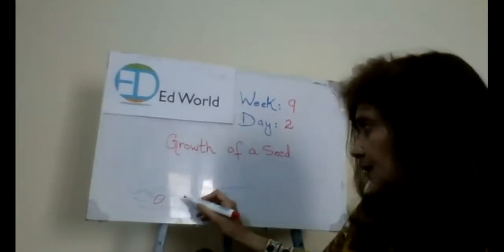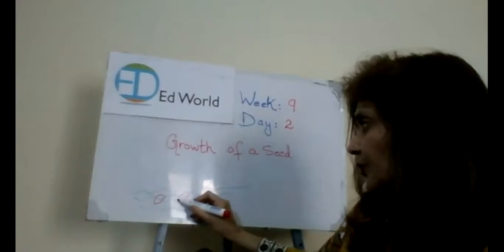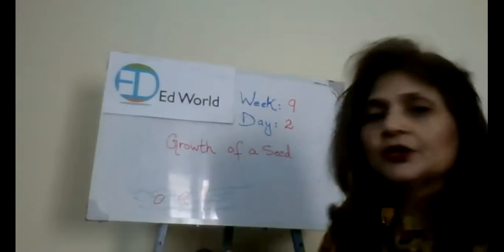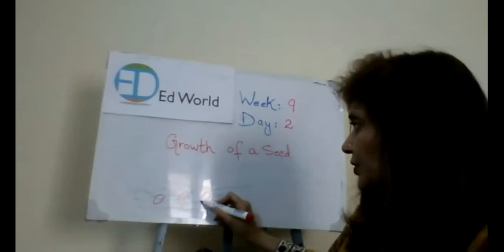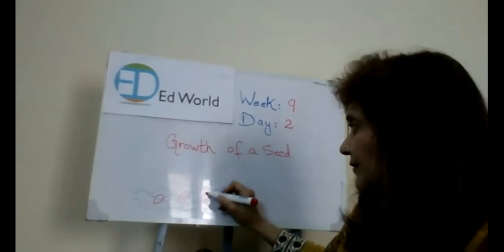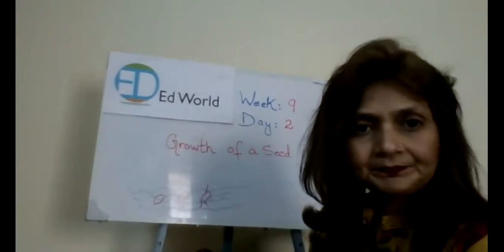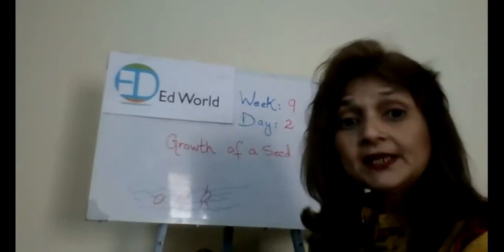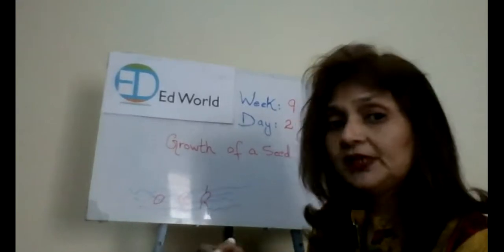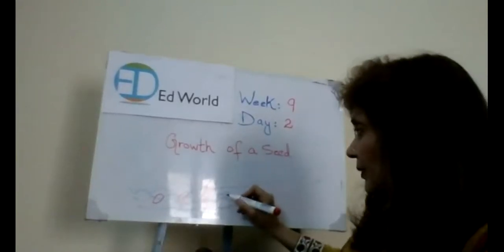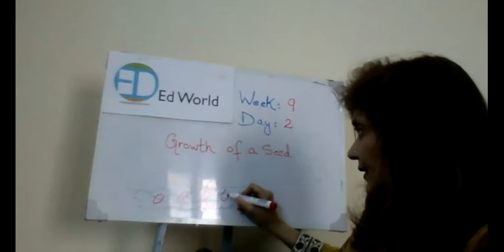This is a seed. Now the seed starts growing by having roots. Gradually the roots are going to grow and we will have the stem, and it will become a plant. Again, the seed is growing.